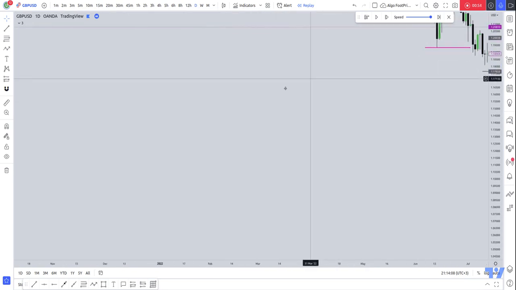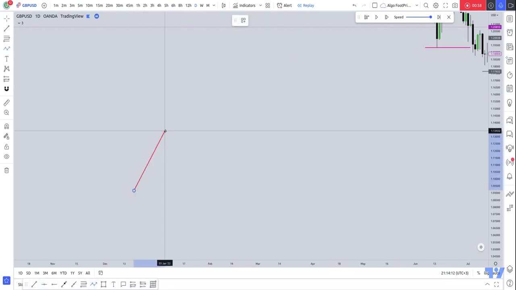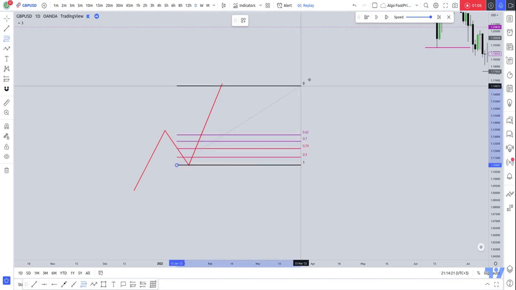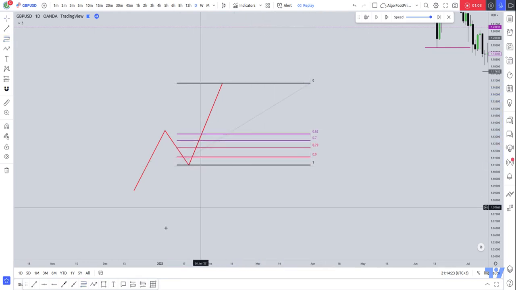Like I had mentioned earlier, whenever there is a break in market structure, we expect price to come back to at least 62%.